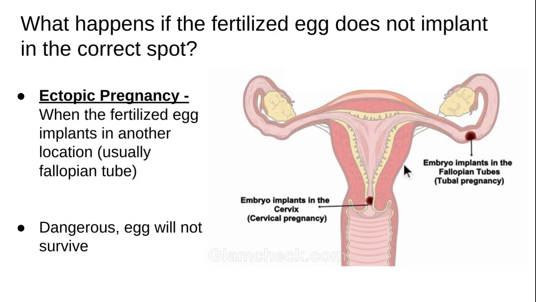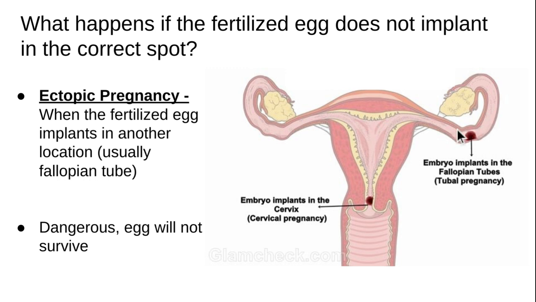So remember, our ovaries are the size of an almond. So this is not very big. And it's not a muscle, it's not very stretchy. So can you imagine if a baby grew here, what would happen is this tube would eventually burst. The uterus is stretchy and can grow and accommodate a growing baby, but the fallopian tube can't.